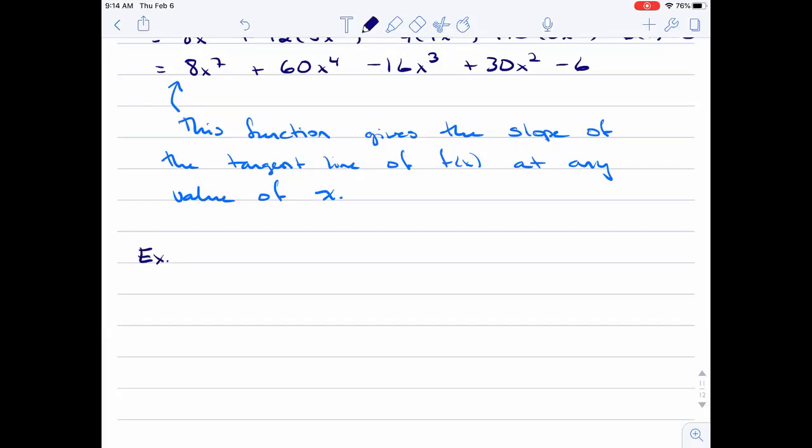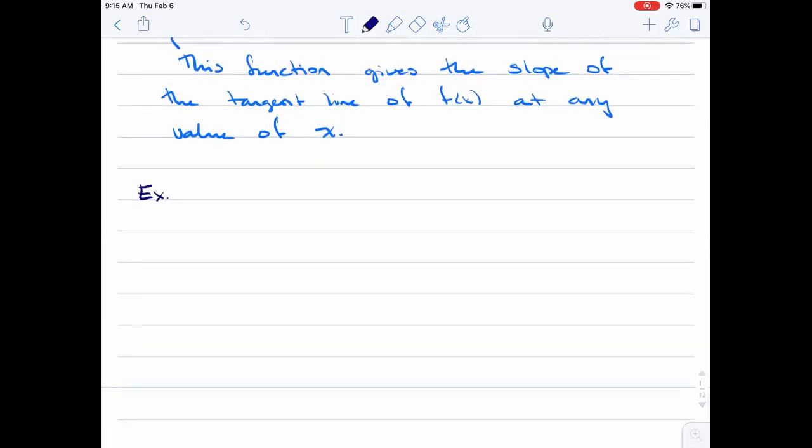So let's see here. If I give you a curve and I ask you to find the points where we have a horizontal tangent line, what we would do is find the derivative of it, set it equal to 0, and solve for those values of x. This is the type of problem you would do in business calculus.